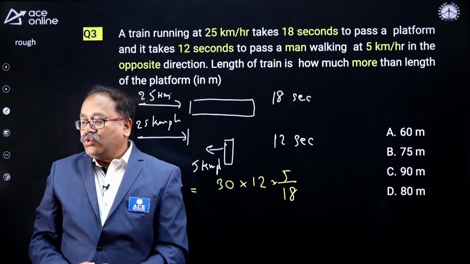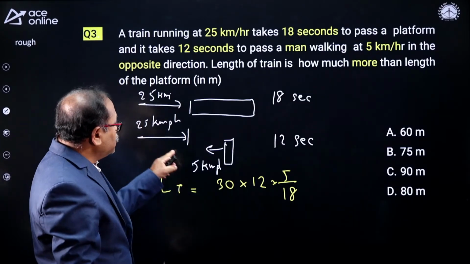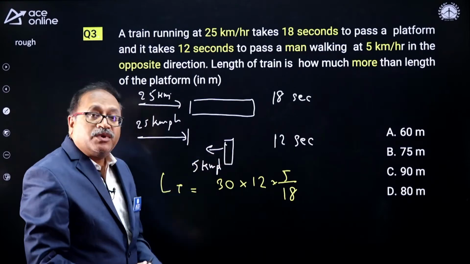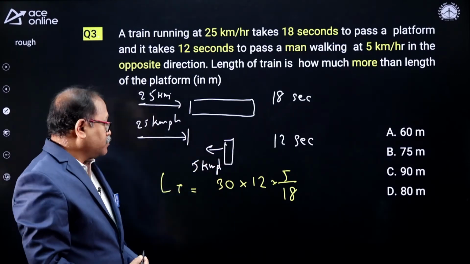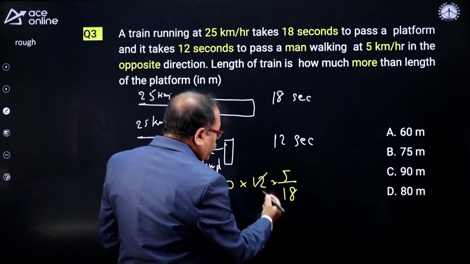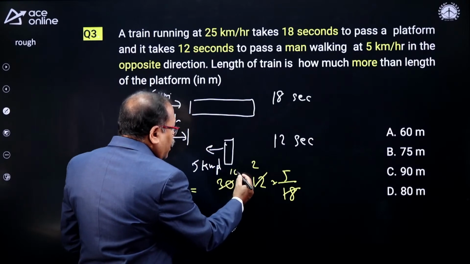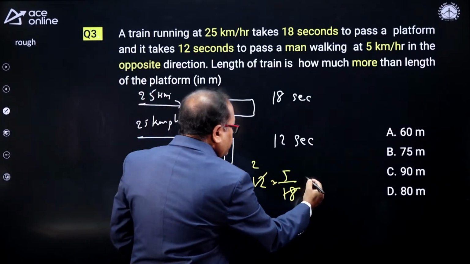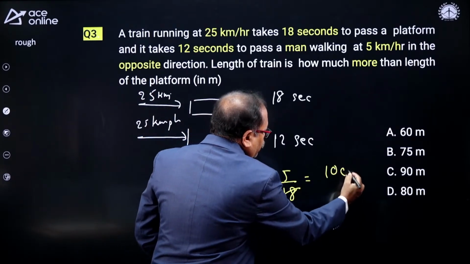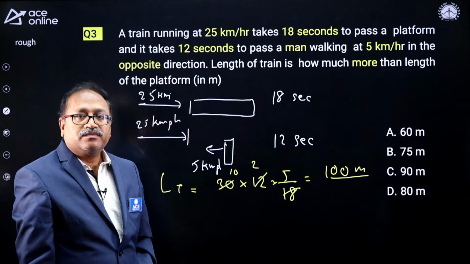So by doing so, what I'll be getting is the length of the train. This is 10, so 5 into 10, that's total 100.